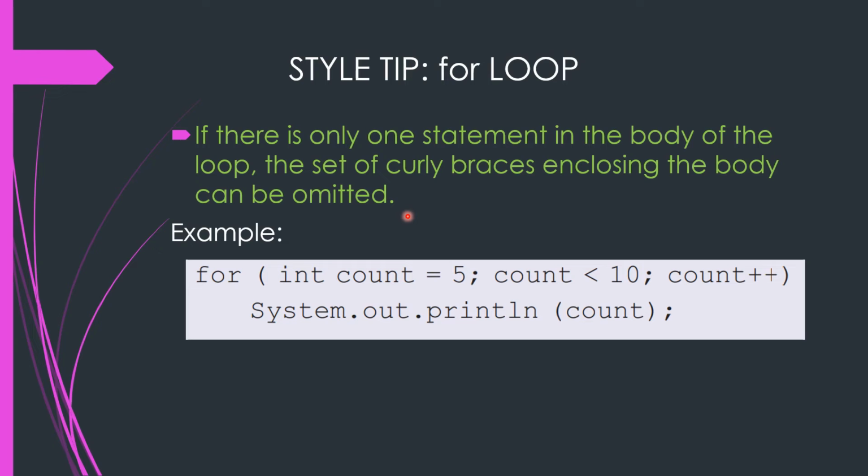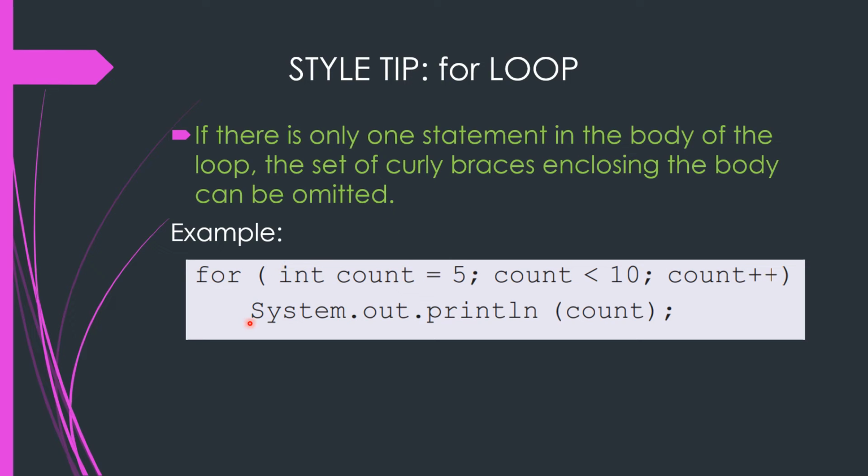As we also discussed this style tip in our previous loops and statements, if there is only one statement in the body of the loop, then we can optionally use the set of curly braces, means we can either use or not use. It's up to us because it is not necessary to provide curly braces when you have only one statement in the body of the loop.